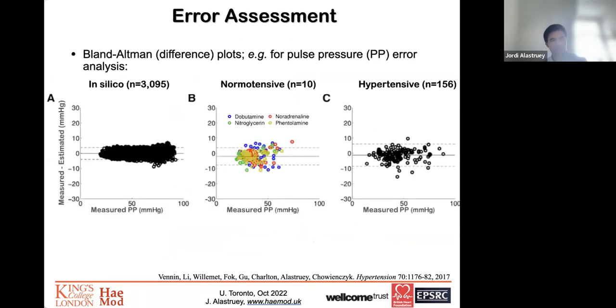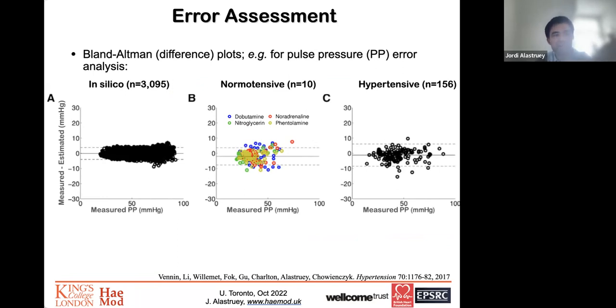And we did this using Bland-Altman plots, which enable the analysis of the agreement between 2 different methods, for example, a new method and the gold standard method. So differences between the 2 measurement methods are plotted in these scatter plots against the values obtained using the gold standard method.